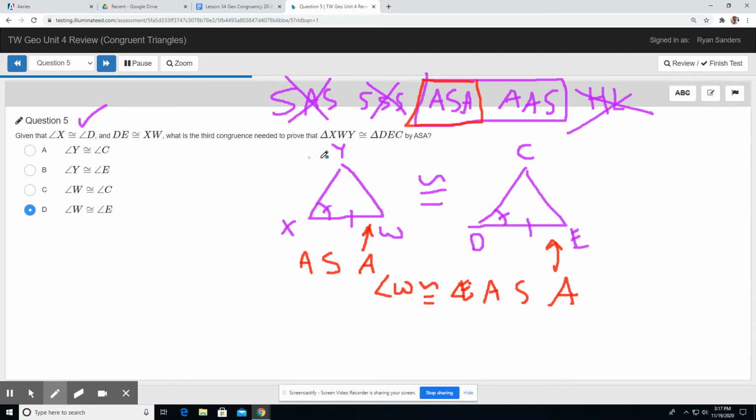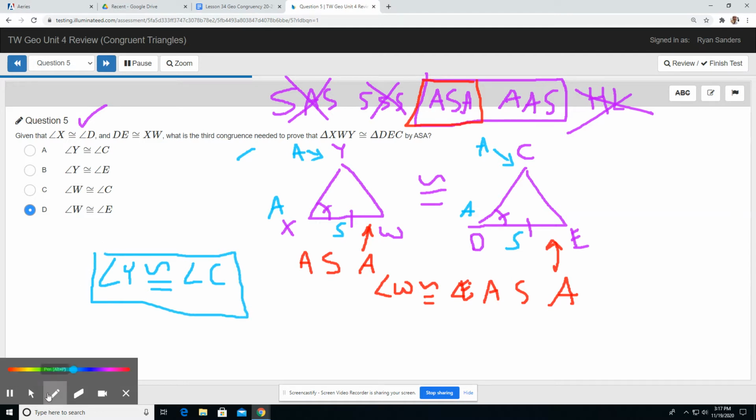So that would be if we had, I'll do it over here, if angle Y, so that would be that angle, was congruent to, matched angle C. So if that angle matched, I would have angle, angle, side. So angle Y would match angle C.